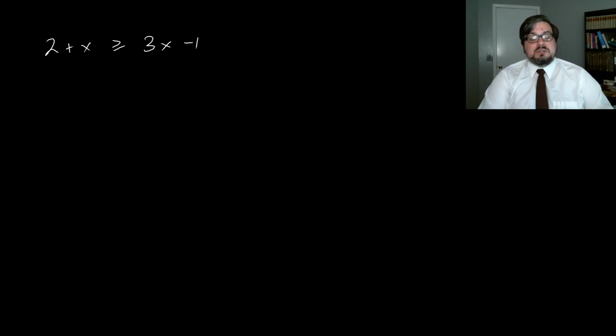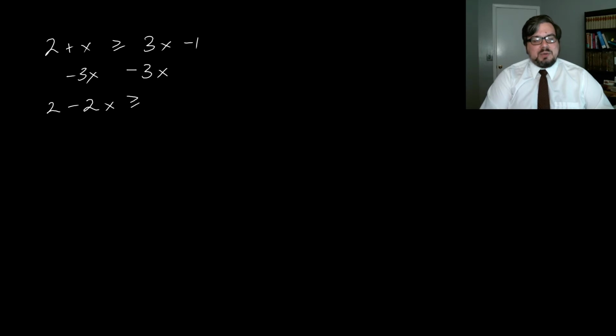So we want to get all the x's on one side and all the constant terms on the other. As with equations, it doesn't really matter which way you choose, so I'm going to subtract 3x from both sides to eliminate the variable term on the right-hand side. That'll give 2 minus 2x on the left-hand side and a negative 1 on the right-hand side.